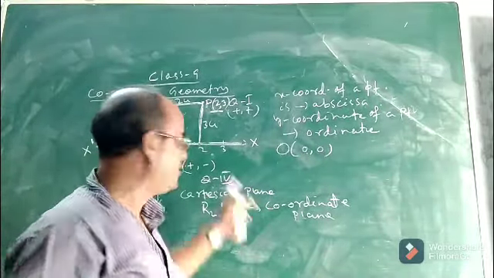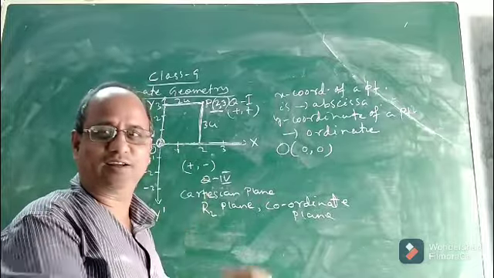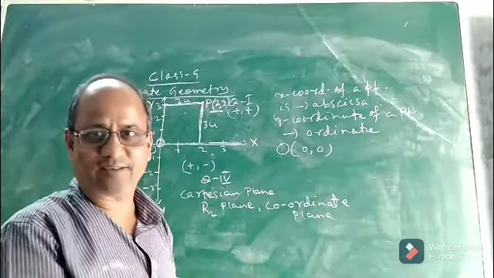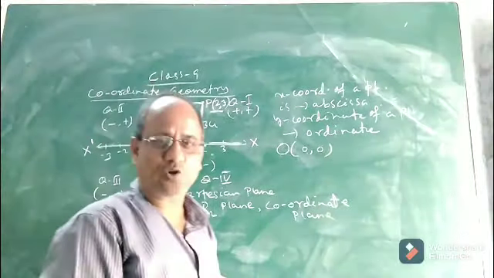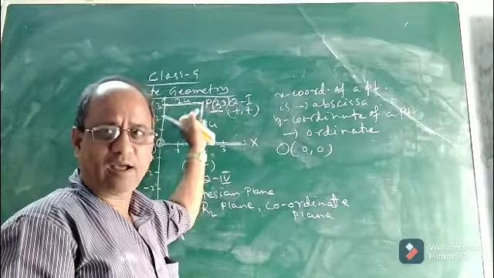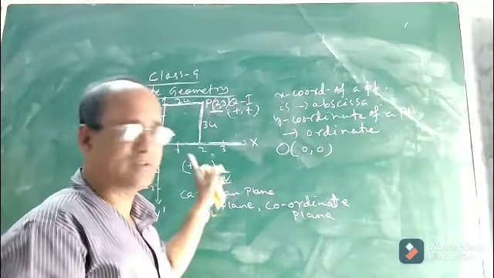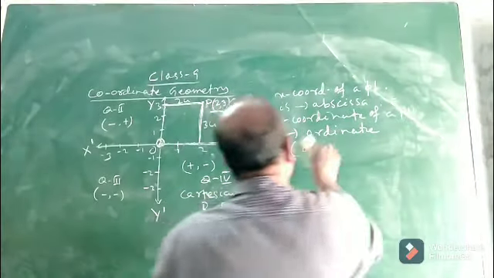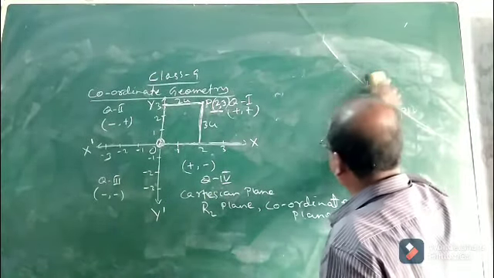Because the origin is at 0 distance from the y-axis and x-axis respectively. The x coordinate means the distance of a point from the y-axis, and the y coordinate means the distance of the point from the x-axis.